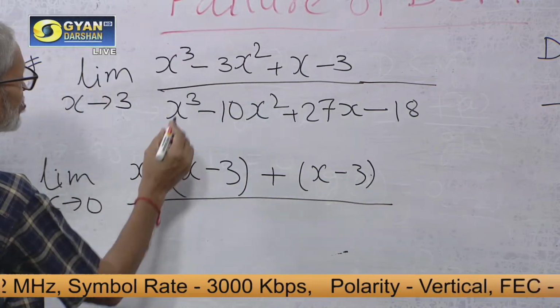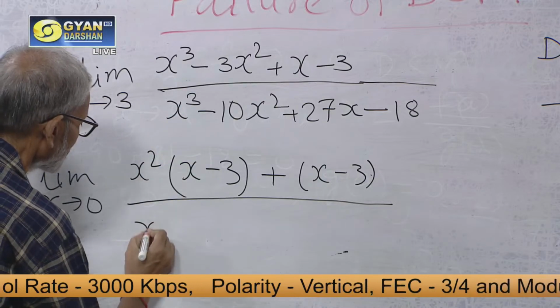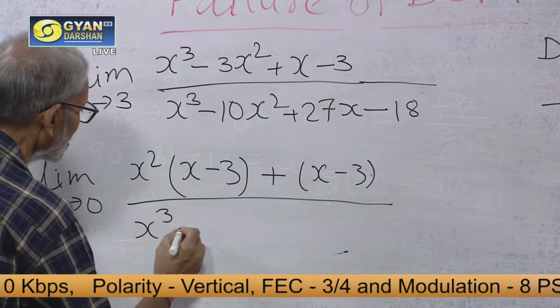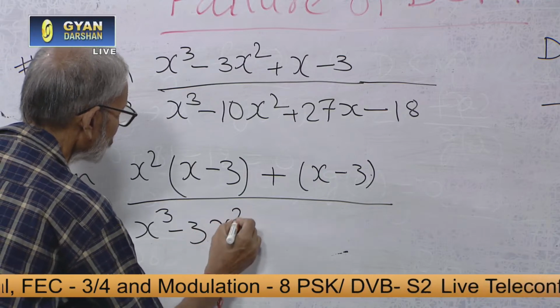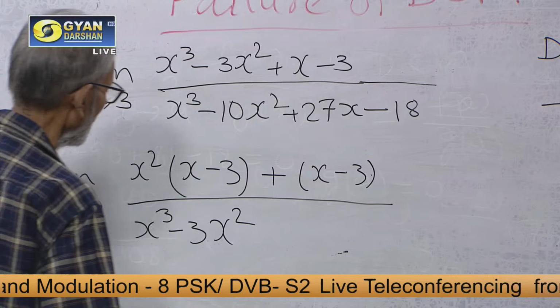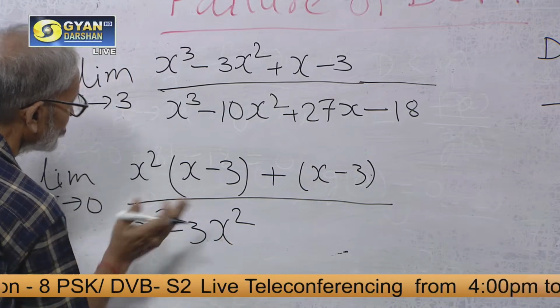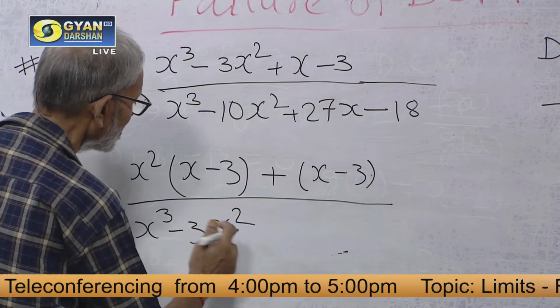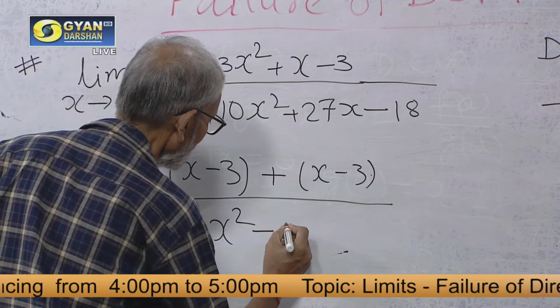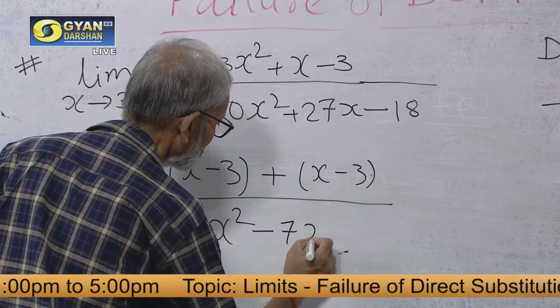In the denominator also, x cube is there, so let us put minus 3 x square for taking out x minus 3 from here. Then 10 minus 10 x square, so minus 7 x square will remain.